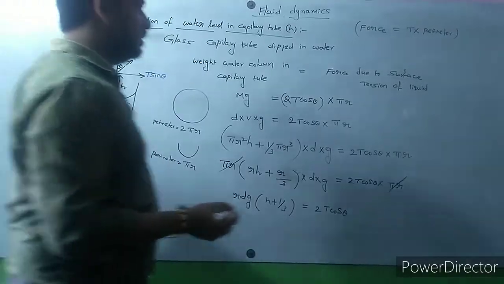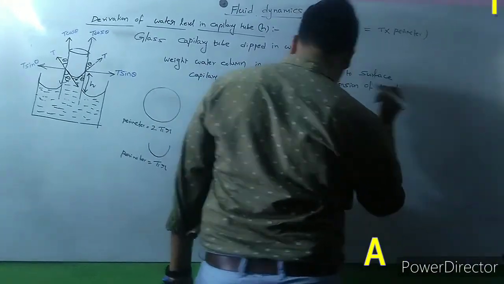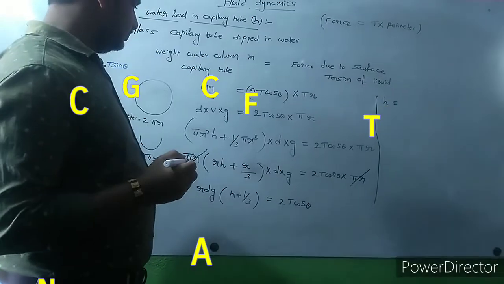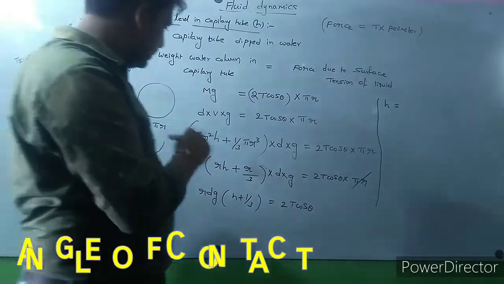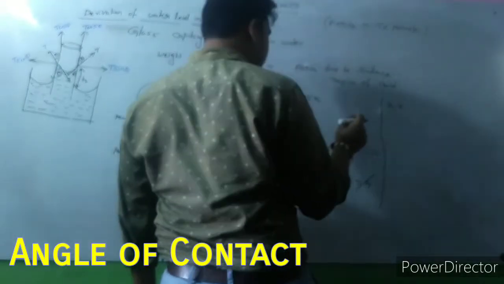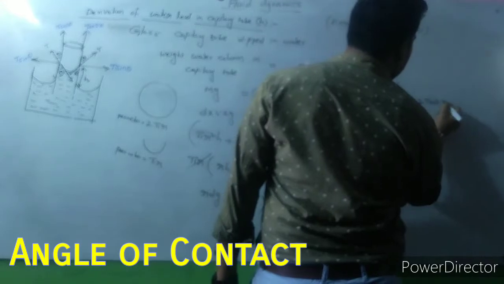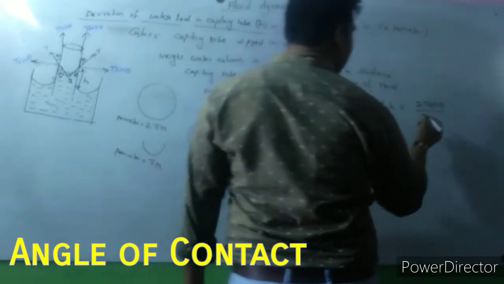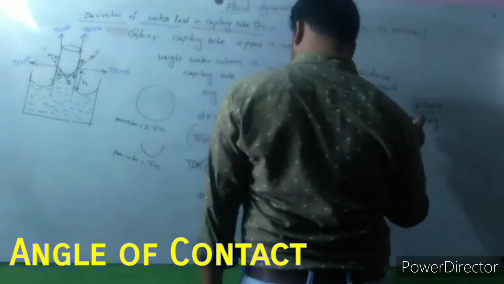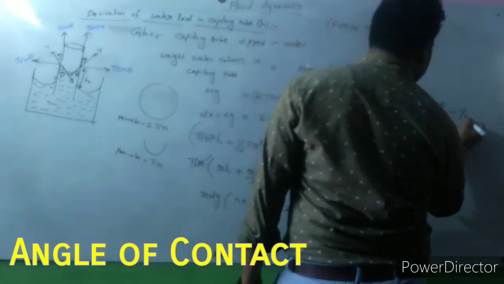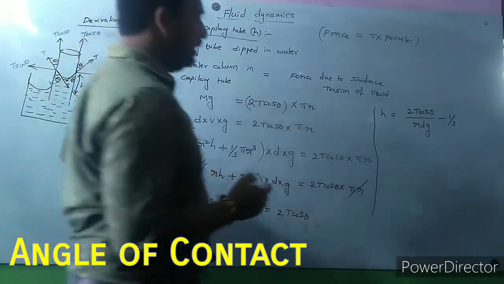From this, h is equal to 2T cos theta by r d g minus 1 by 3.